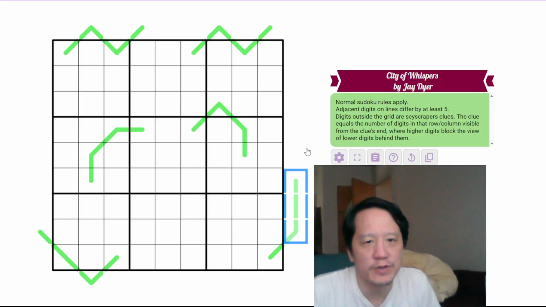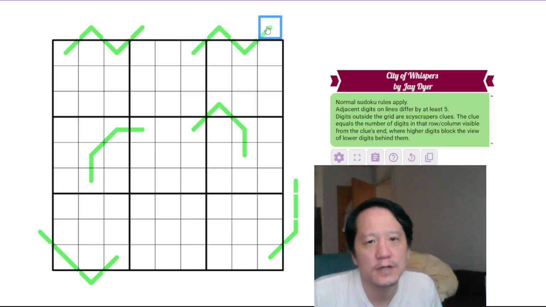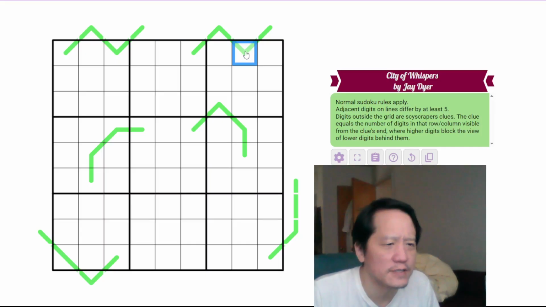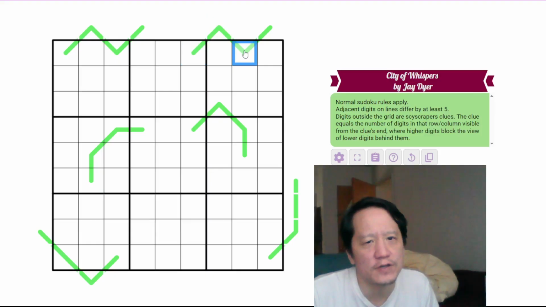So these have to be alternating high-low variants. So the interesting thing there is, my question is kind of how many highs and low digits can you have each here?